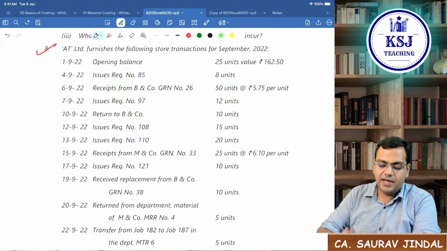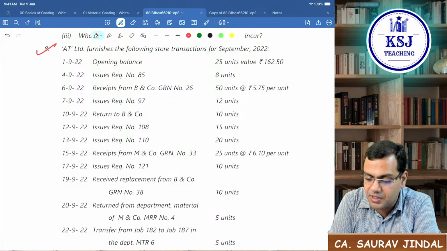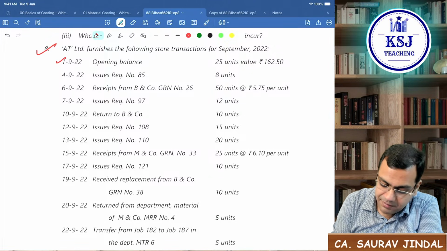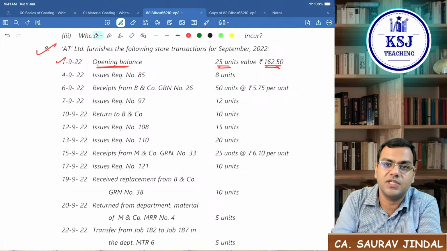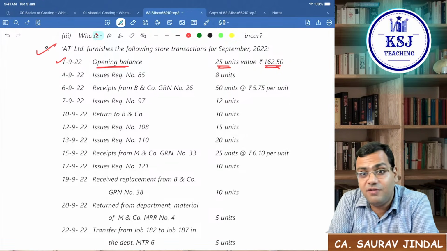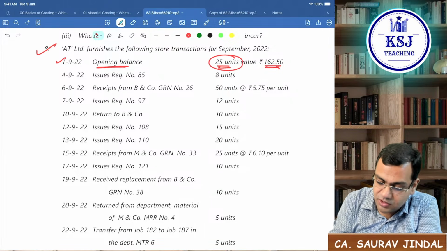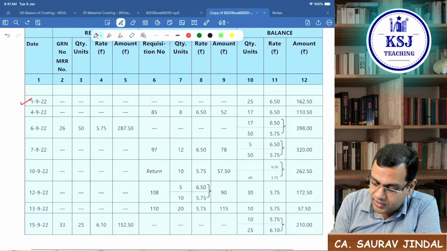Problem 8. AT Limited furnishes the following store transactions for September 2022. On 1st of April, the opening balance is 25 units valued at 162.50. Here you have to be very careful. You will write the balance on 1st of April, 25 units in the quantity.